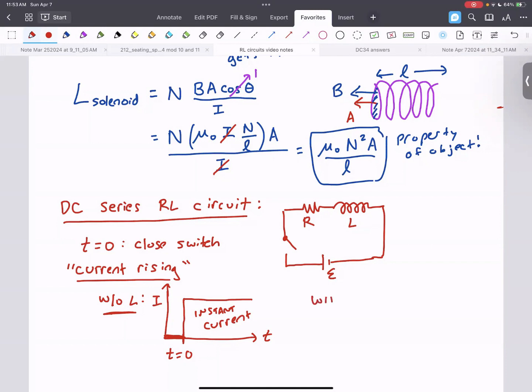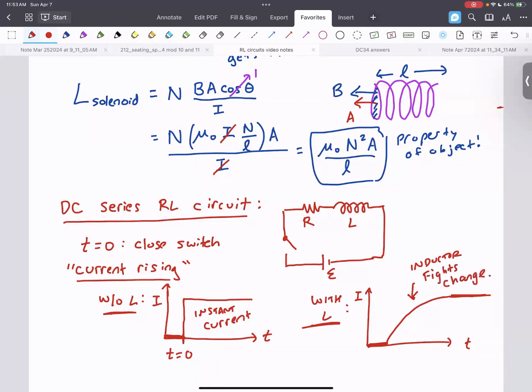But with the inductor, then what happens is we're going to get the current versus time. The inductor is going to fight this change. And so what we actually get is the current's going to rise up more slowly as the inductor fights the change. So the inductor fights that change, and it causes the current to rise more slowly.